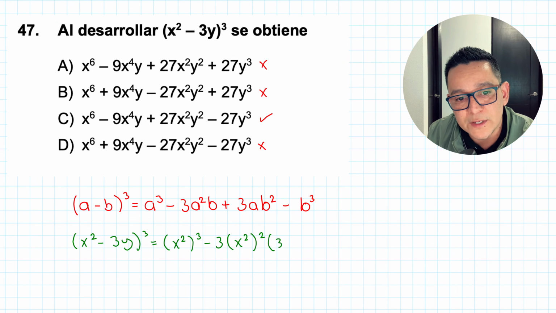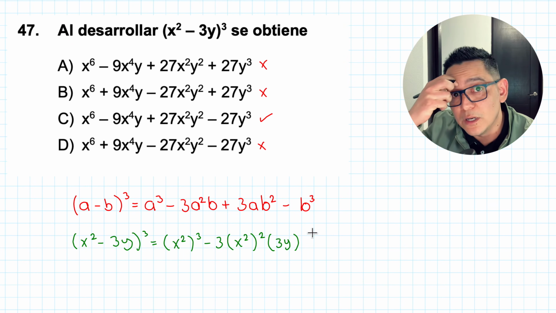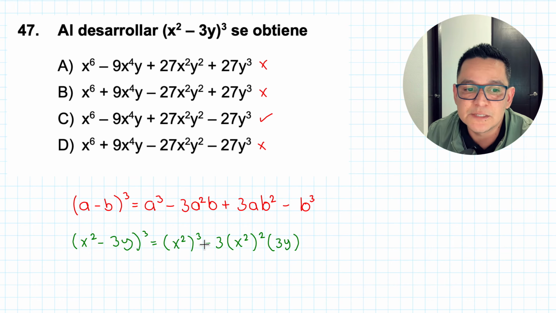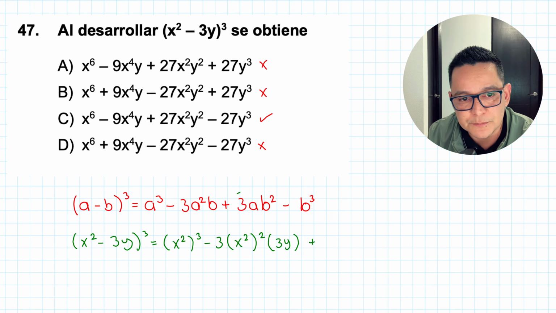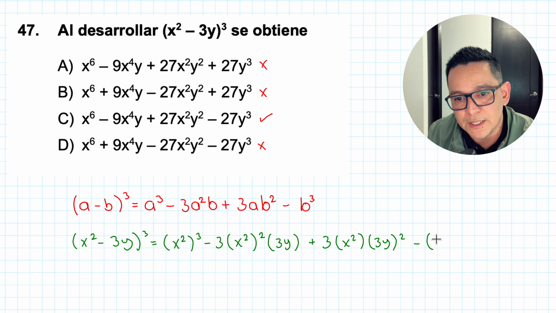And be careful, I'm only going to put the 3 and not the negative 3, because I'm already adding the negative here. Then comes a plus 3 times a times b squared, so 3x² times 3², and then minus b cubed, minus 3³.